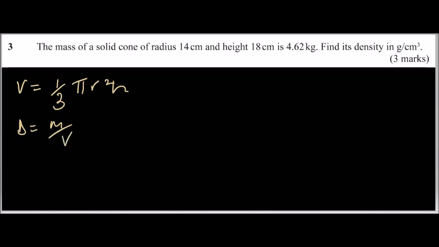Now, with that in mind, what have we been given here? We have been given the radius and the height, so we can get the volume of the cone. Why don't we do that? Volume is equal to a third multiplied by 22 over 7, that is pi, multiplied by r squared, which is 14 multiplied by 14, and you multiply by the height 18.